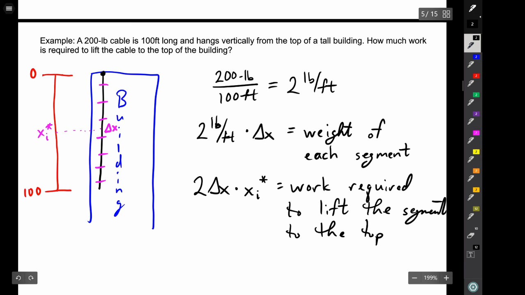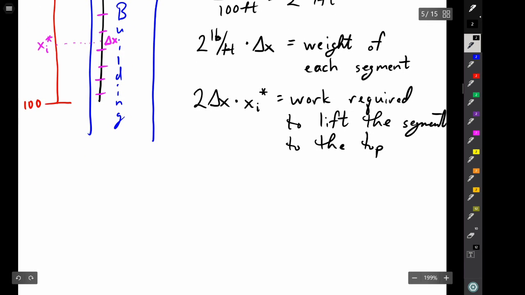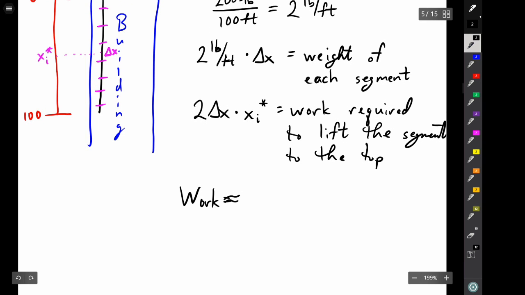And then we have to do this for each segment. So the work overall is going to be approximately, and this is all an approximation, the sum from i equals 1 to n, n being the number of segments we cut this into, of 2 delta x times xi star.